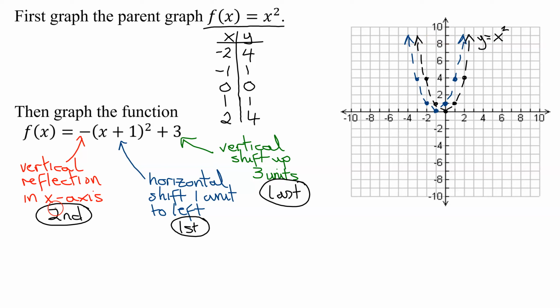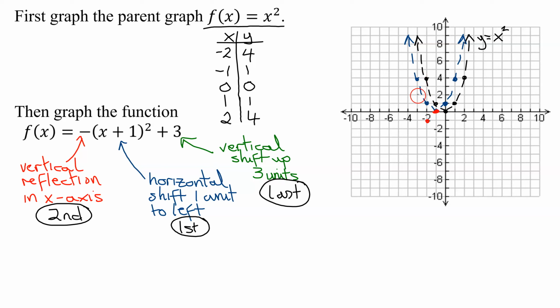Now I'm going to reflect in the x-axis. So what I have to do is, let's take this point to start with, the point on the x-axis. If I reflect it in the x-axis, it's going to stay exactly where it is. This point here was 1 unit above the x-axis. It's going to go 1 below.